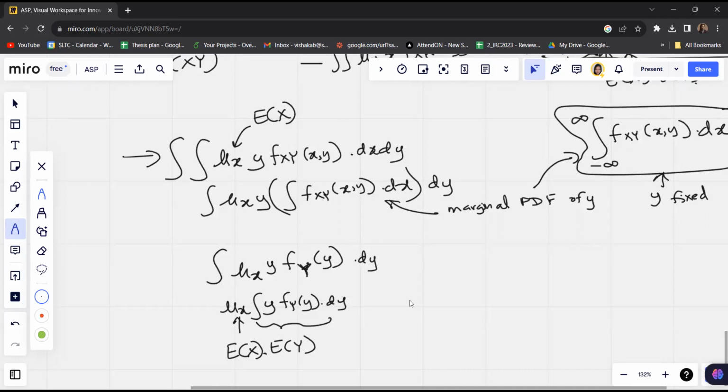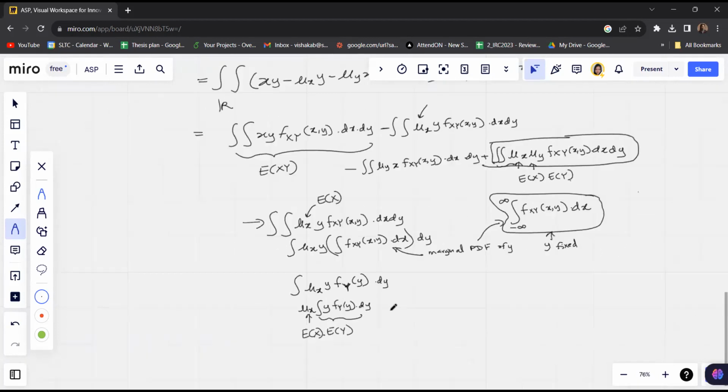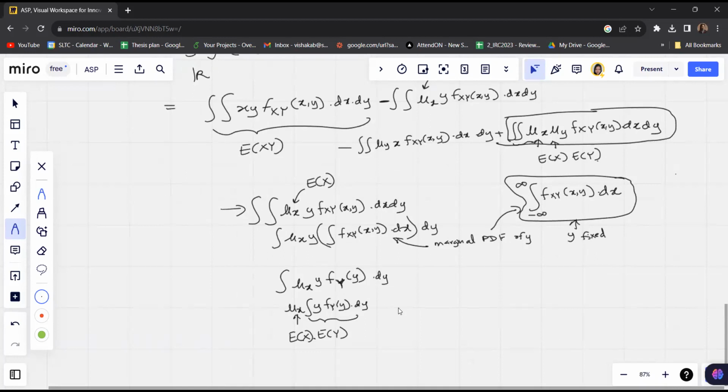So these two, E[X] and E[Y], will be the final value of this integration section. Similarly, we can follow the same method for the third section, which we won't go into detail, but that also will give us E[X] and E[Y]. I don't want to do that again. The same procedure as the earlier example will follow. The only difference is that we will be considering the marginal PDF of X.